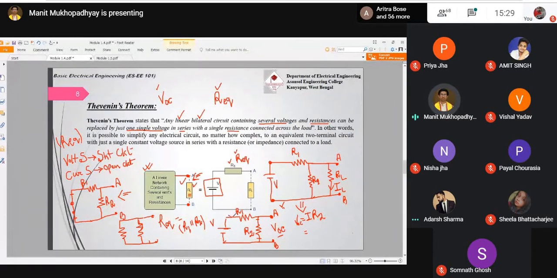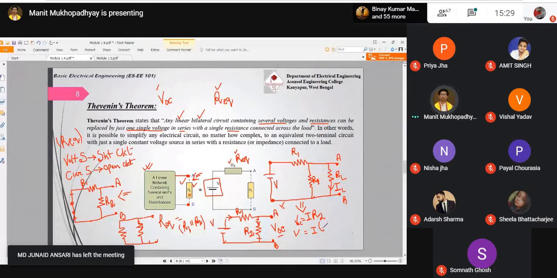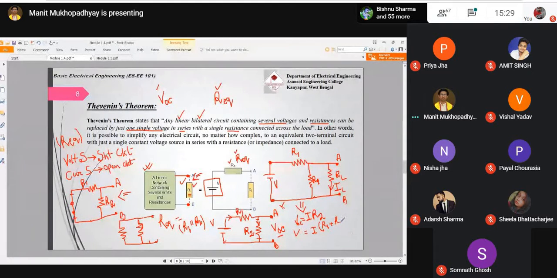I is the current flowing through R1 and through R2, right? So V equals IR1 plus IR2. We can write that. V equals I into R1 plus R2. Is it okay to everyone?